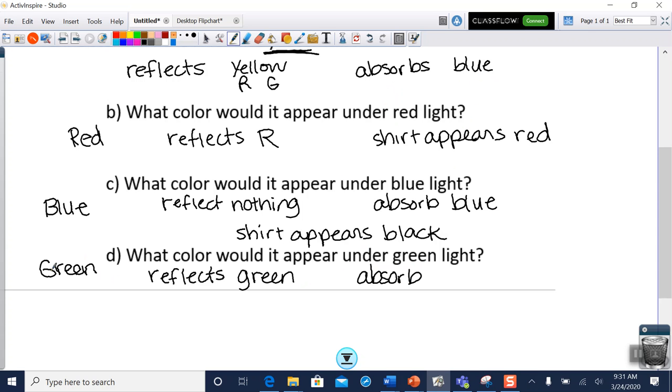Do we have any blue? No, because we have a green light, so it absorbs nothing. We don't care because what we see is whatever is reflected. So it reflects green. So to us, the shirt appears green.